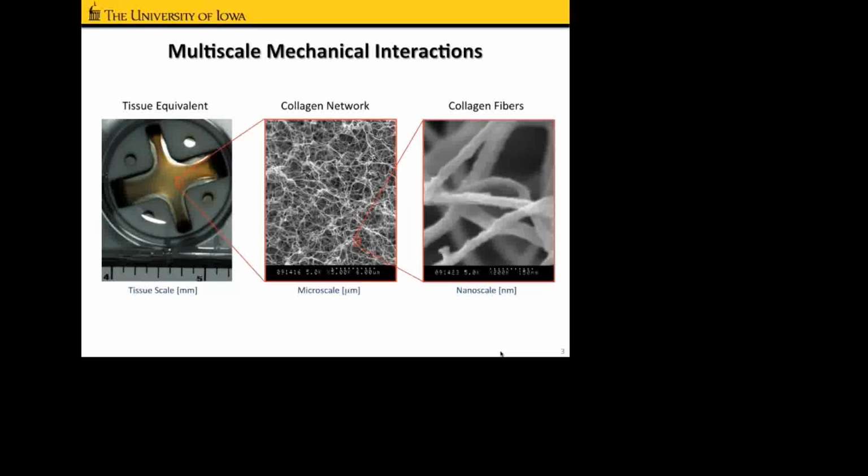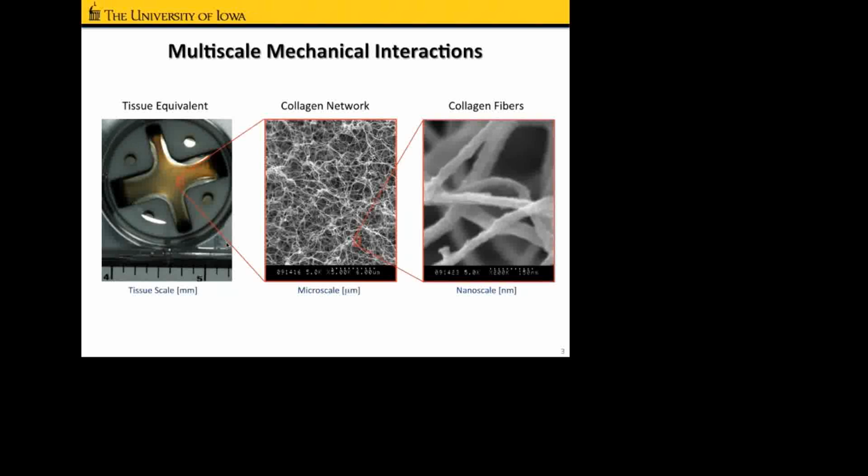What you can see here is an example of a cell-compacted collagen gel, or a tissue equivalent. We know that the composition and the organization of the microstructure of this gel is deterministic of the mechanical properties and its function. And so we have mechanical multiscale interactions coming from that direction.